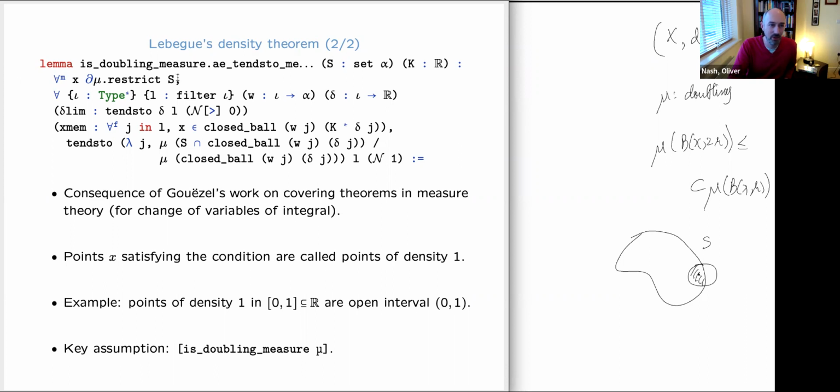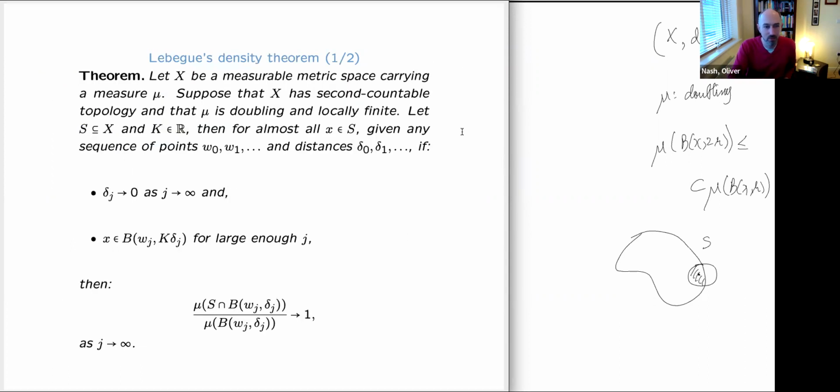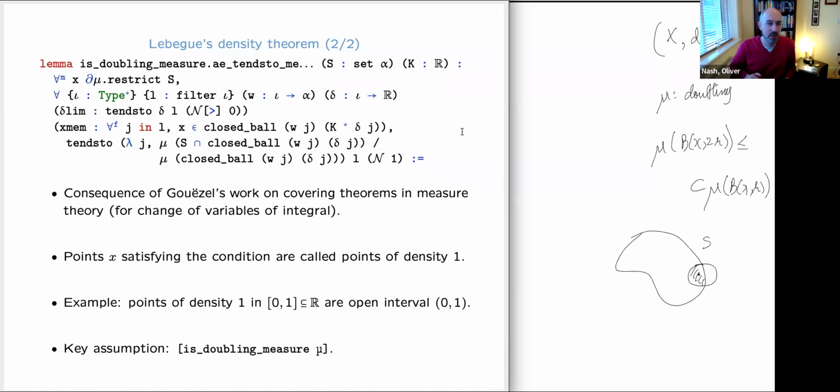That maybe is a bit of a mouthful, but quite a lot of it is recognizable. The measure of the set intersected with the closed ball centered at this point in the sequence with that radius, divided by the measure of the whole ball, this tends to 1. I think we have some distance to go in terms of getting even more readable, but as a benchmark, that's how this compares formally at the moment.